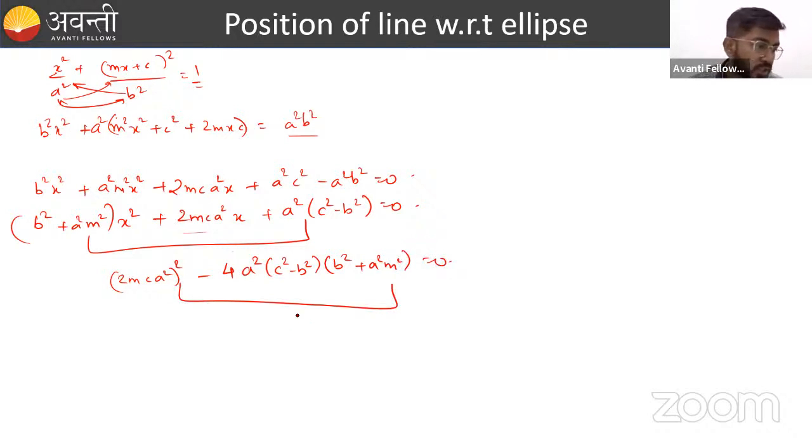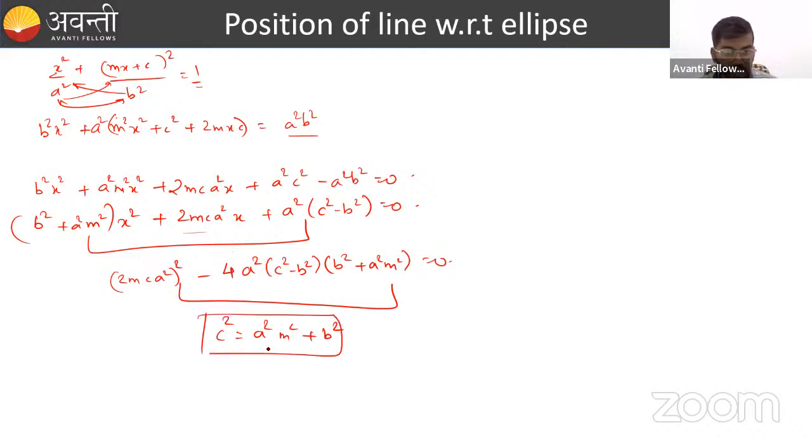After solving this, you will get c square equals a square m square plus b square. Okay, so this is the condition of tangency.